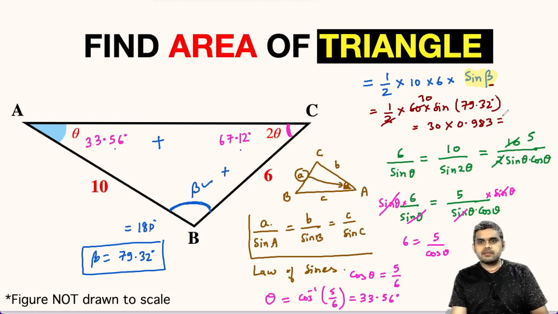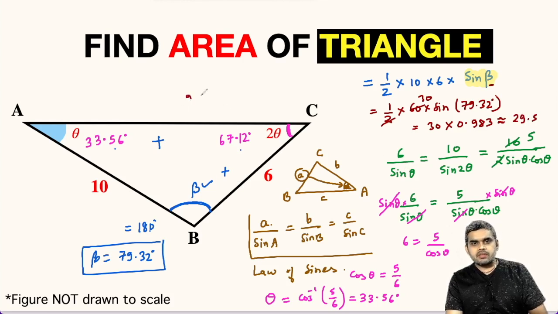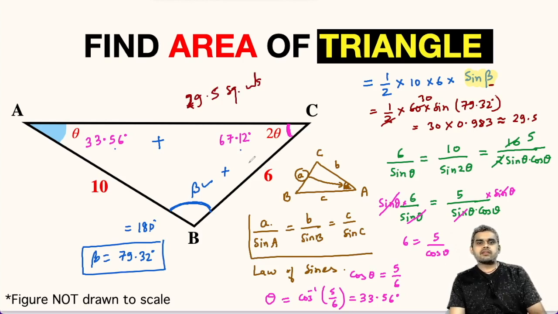On multiplying this, we will get approximately 29.5. So the area of triangle ABC is approximately 29.55 square units. So this is one method using trigonometry by which we can find the area of this triangle.